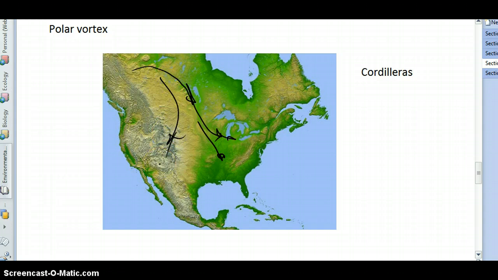So these cordilleras or walls of mountain can influence wind patterns on a regional or even continental scale.